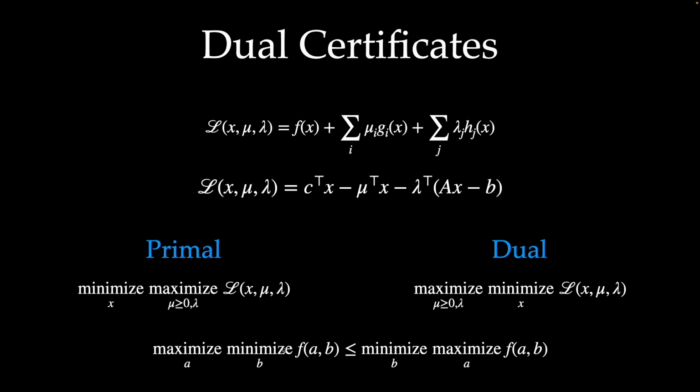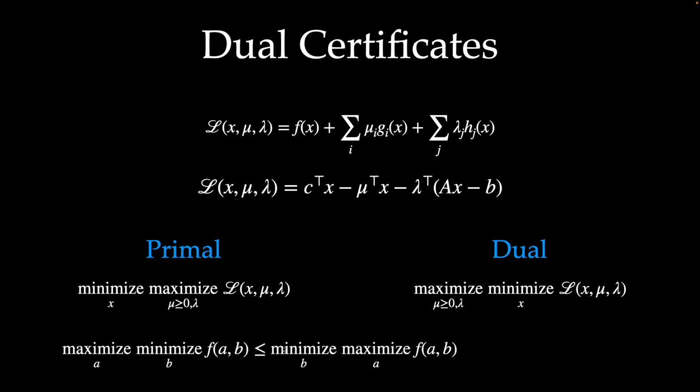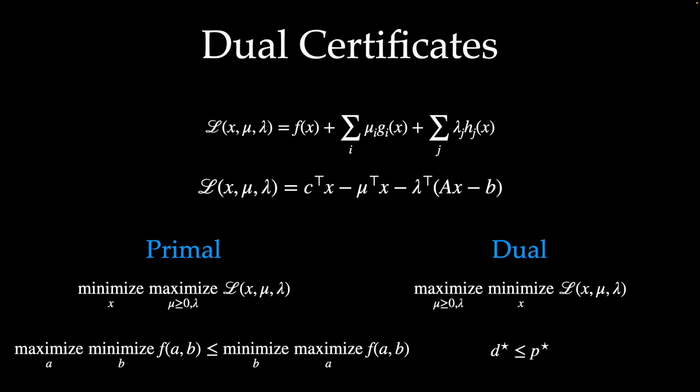So that is why the dual problem is a lower bound on our primal problem. When the optimal value of the dual problem is equal to the optimal value of the primal problem, then we say that the duality gap is 0. But this is just saying that the dual problem is a lower bound on the primal problem. So that's elaborating on what we saw in the previous slide.